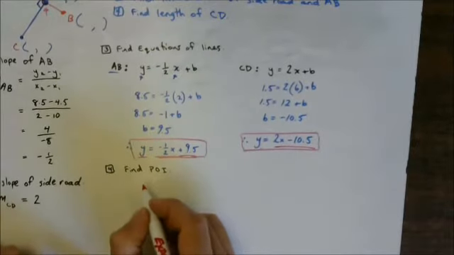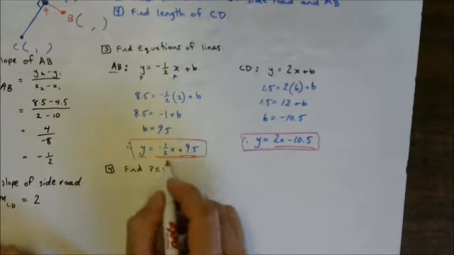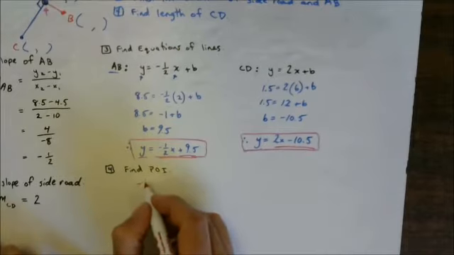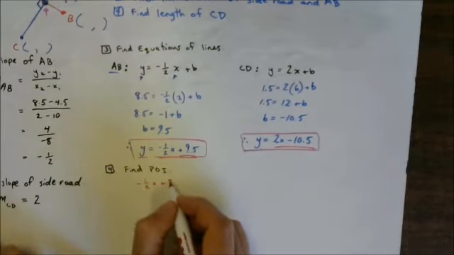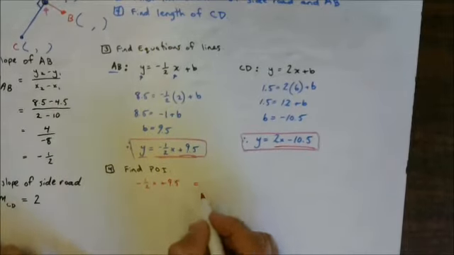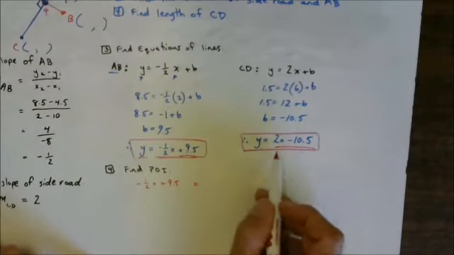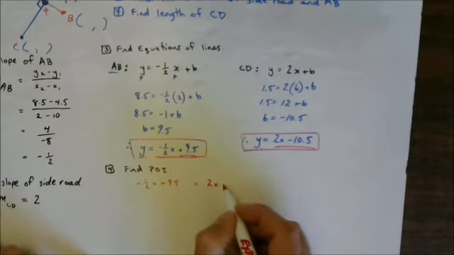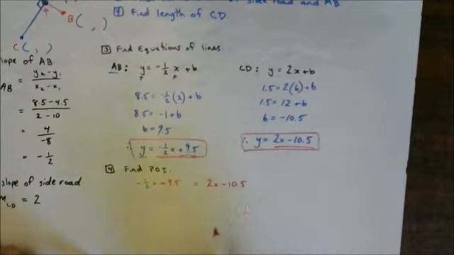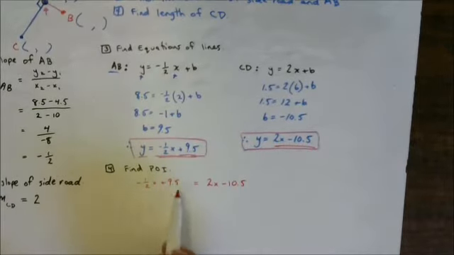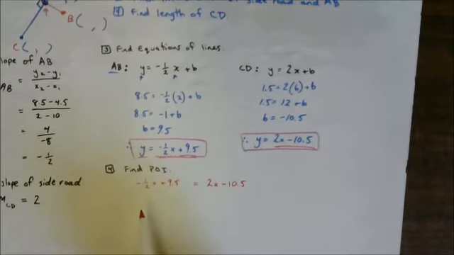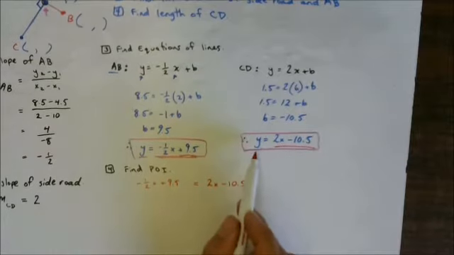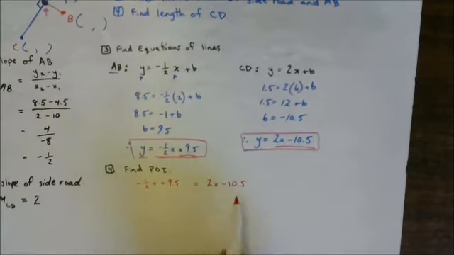So all I have to do is set the right side of my first equation, negative 1/2 x plus 9.5, equal to the right side of my second equation, 2x minus 10.5. Both of these expressions are equal to y. So if y equals y, then this expression must equal that expression.